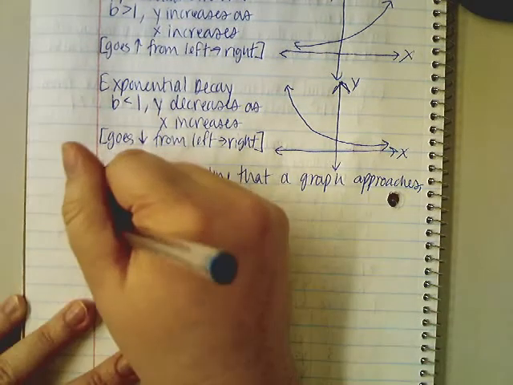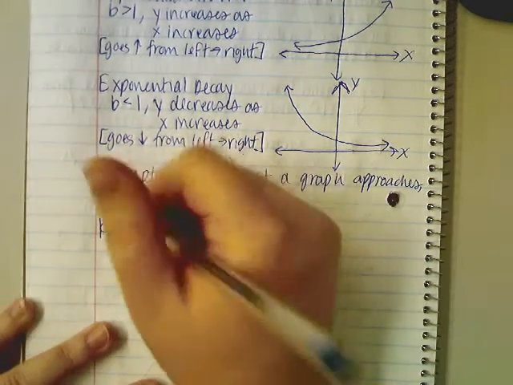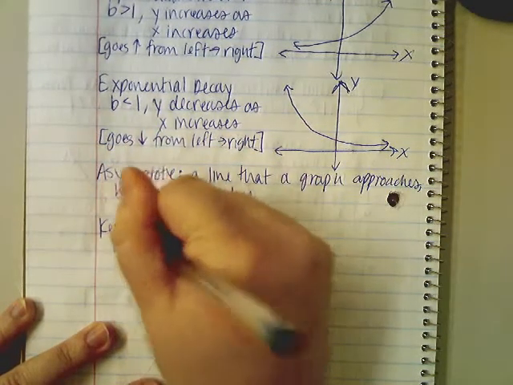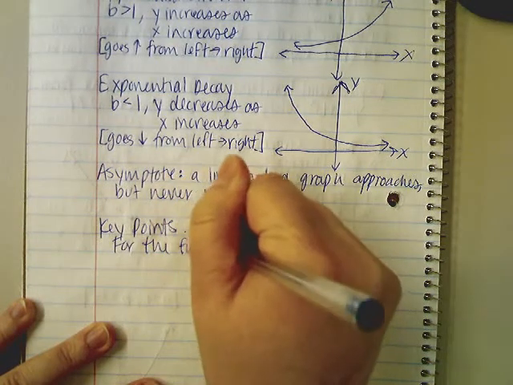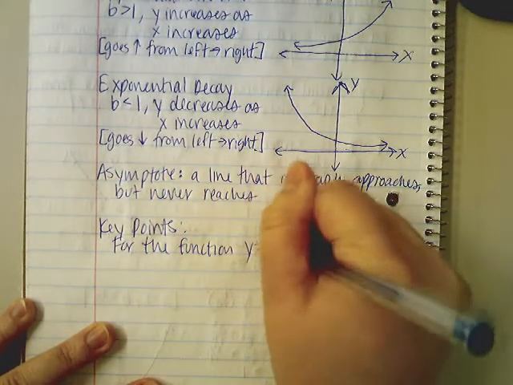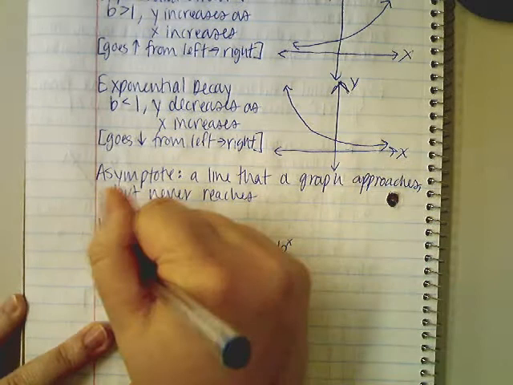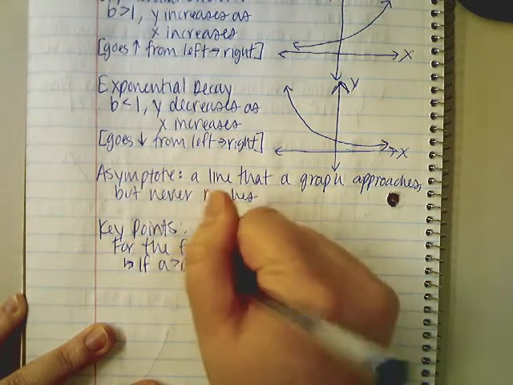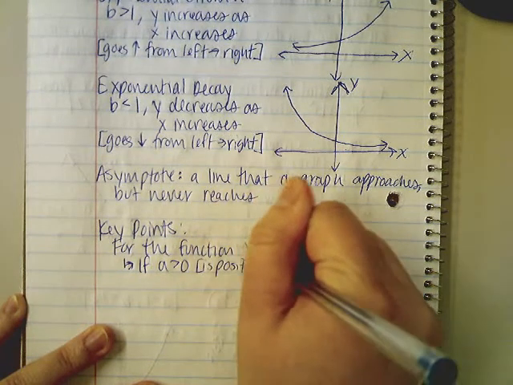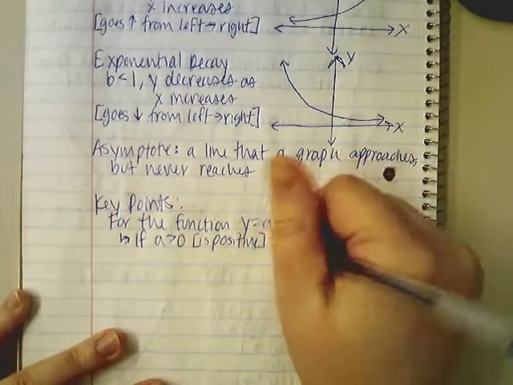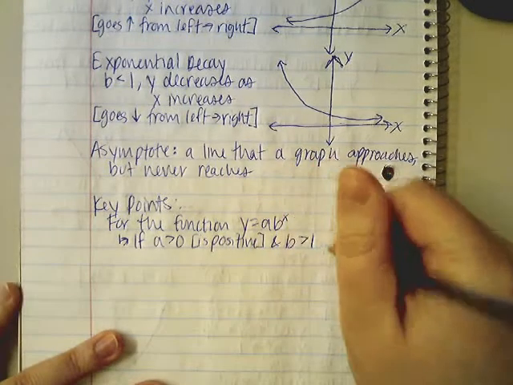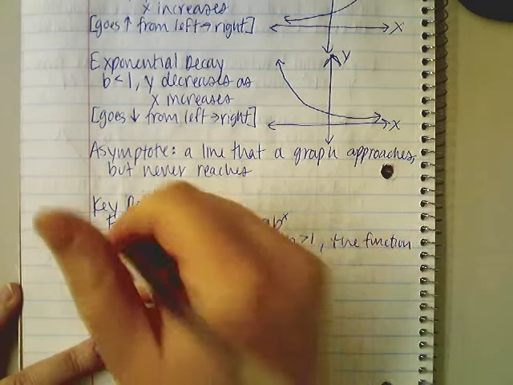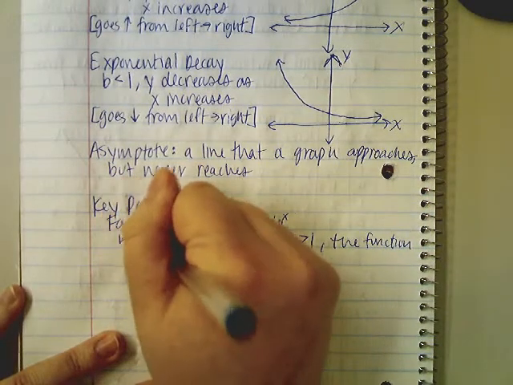So I want to do a quick summary of what we've done thus far before I delve into the last thing we're going to do. So our key points for today are, for the function y equals a times b to the x, if a is greater than 0, meaning is positive, and b is greater than 1, the function represents exponential growth.